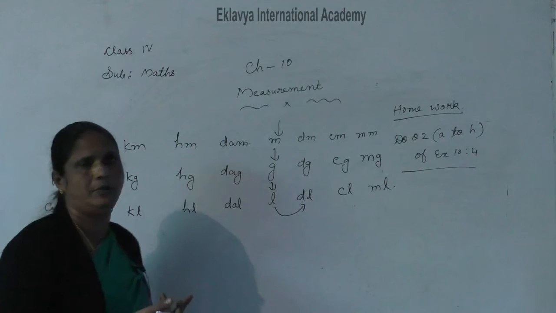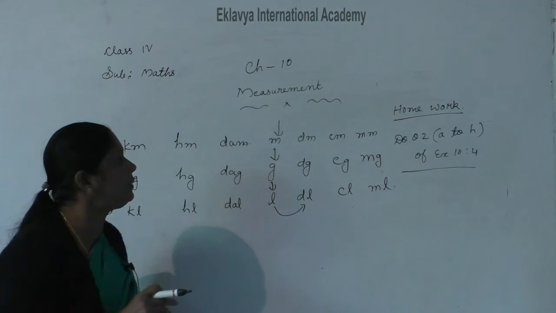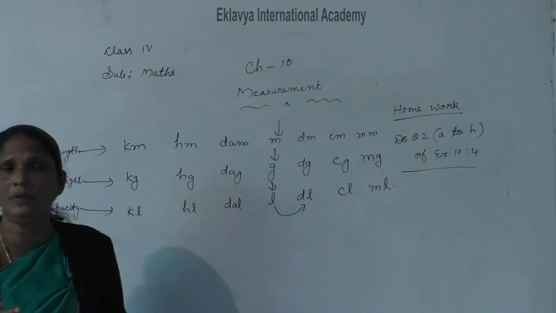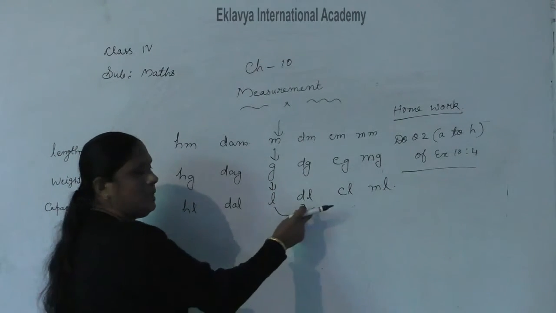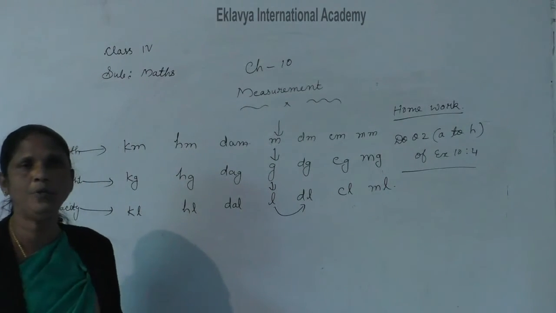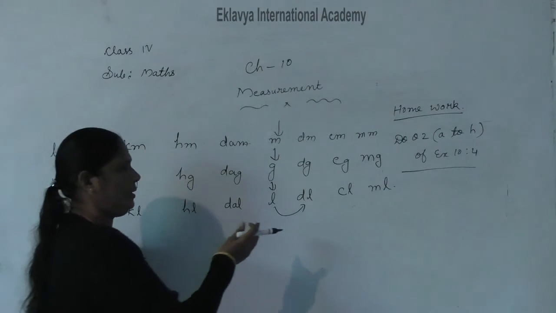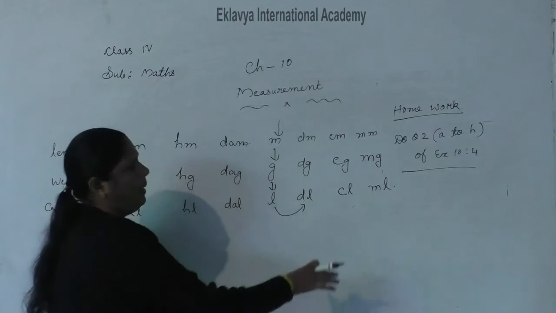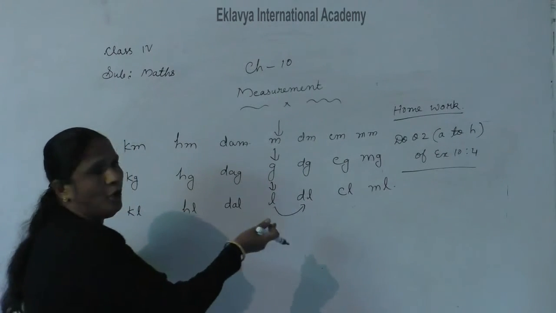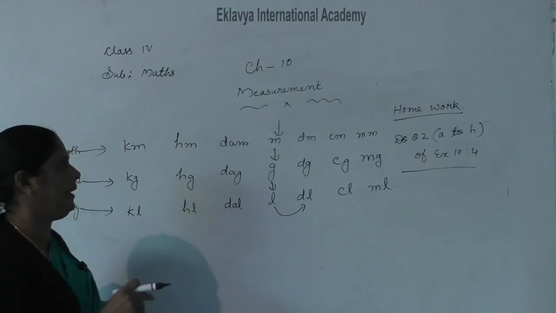According to your question, the unit is given in the question. Suppose liter into deciliter, how many units do you jump? One unit. Bigger to smaller, multiply; smaller to bigger, divide.